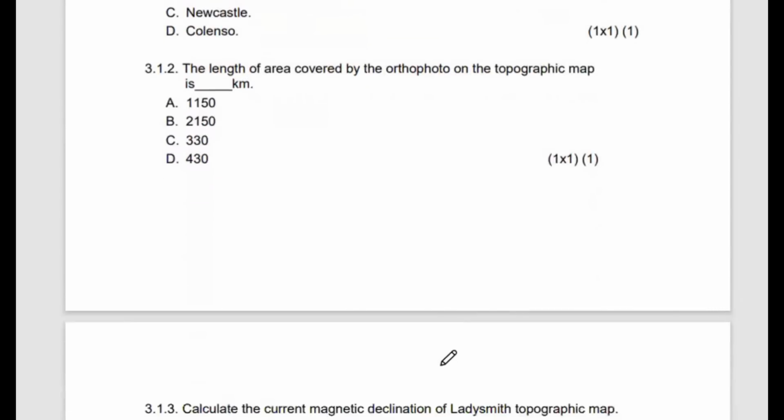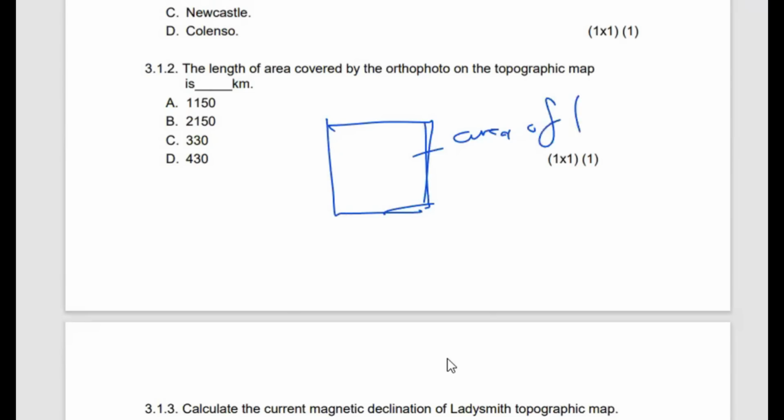Right. Then the length of area covered by the orthophoto on the topographic map is a dash in kilometers. What you need to note there is you check for the red demarcation on the topographic map. That is the area of the orthophoto.